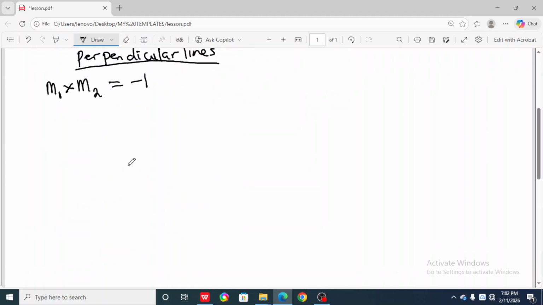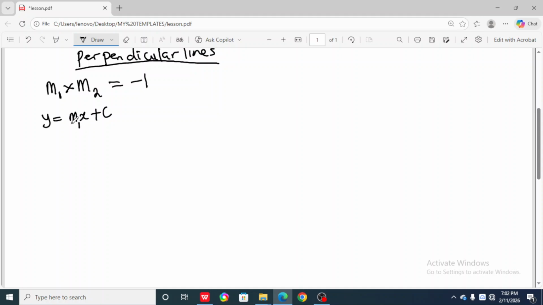Now that we have this, the next thing we need to talk about is the equation of a straight line. The equation of a straight line is y equals mx plus c. Since we are looking for the equation, let me call the gradient m1.